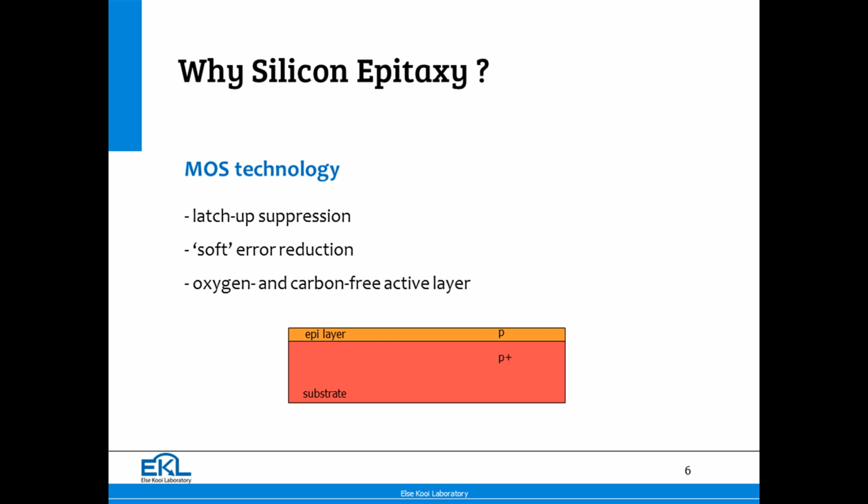And there is the same advantage we already had in bipolar processing, an oxygen and carbon free layer. But that is a lot more important in MOS processing, because one of the issues in MOS, at least in those days, was the gate oxide quality. And in order to have a good quality gate oxide, you need a very clean layer, and that is exactly what an epi layer is.